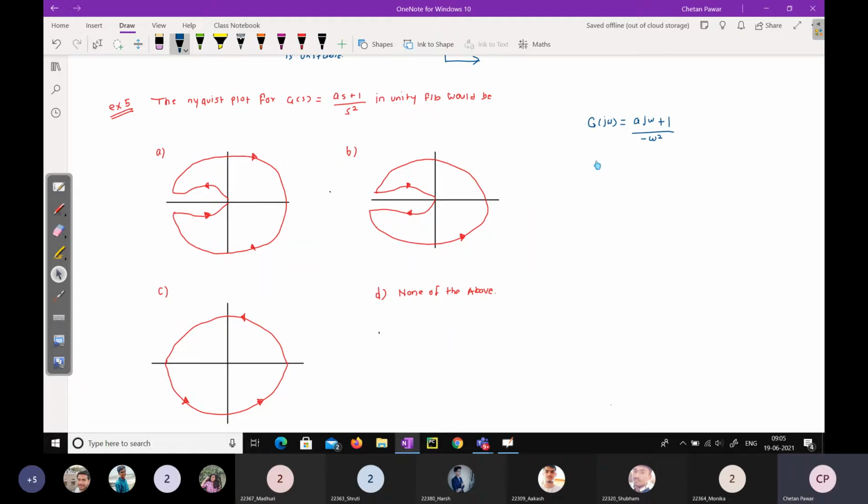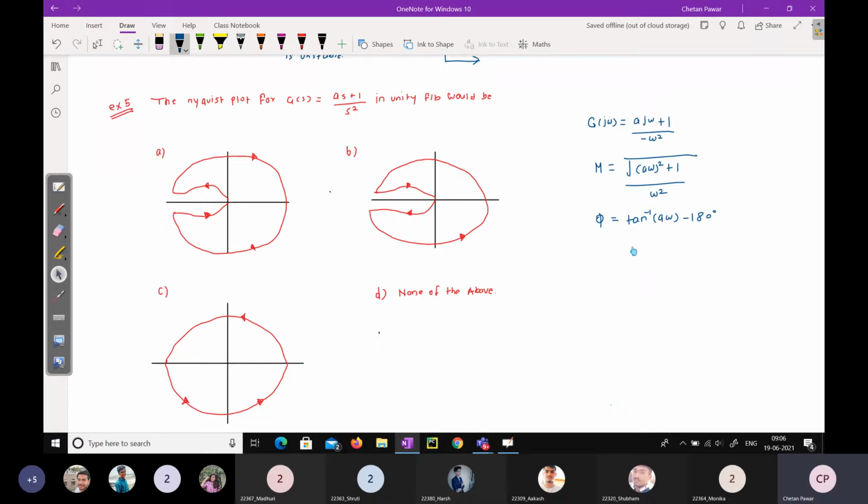What will be the magnitude? This will be the magnitude. Now what will be the phase? Phase will be tan inverse of a omega minus 180.